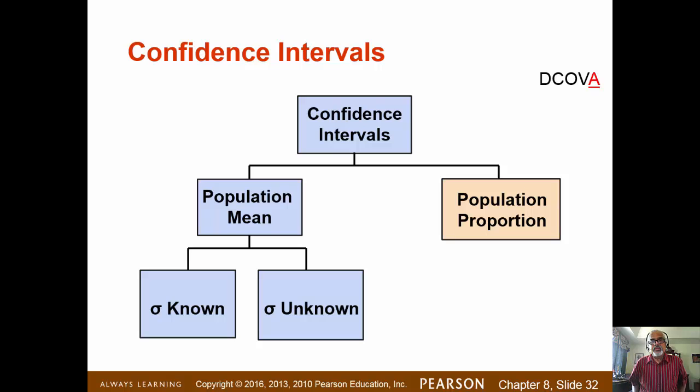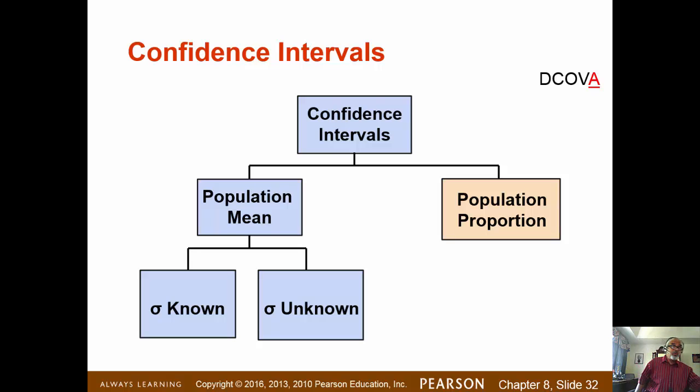The next topic is confidence interval for population proportion pi. If the population has only two possible values, zeros and ones, or males and females, or smokers and non-smokers, and so on, when you have a population that has the specific characteristic of being binomial, then the population mean is actually a proportion of successes in the population, and we call that pi.